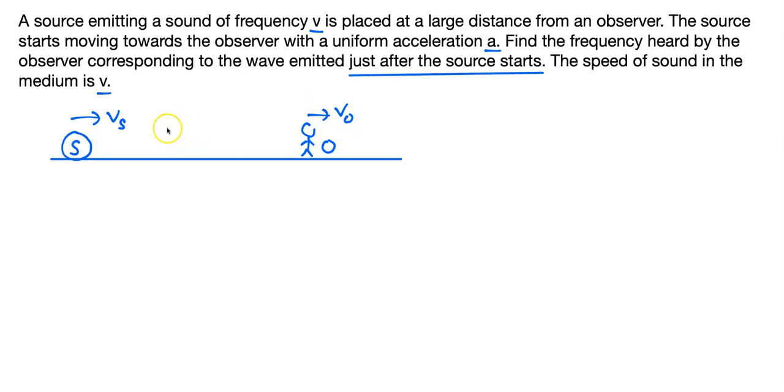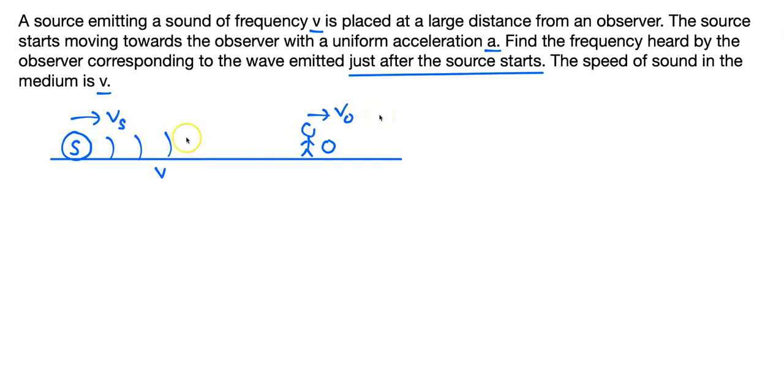The source emits sound waves in all directions, and the wave emitted in this direction travels towards the observer, and the speed of sound in the medium is v.